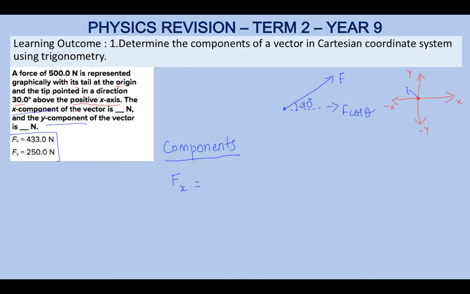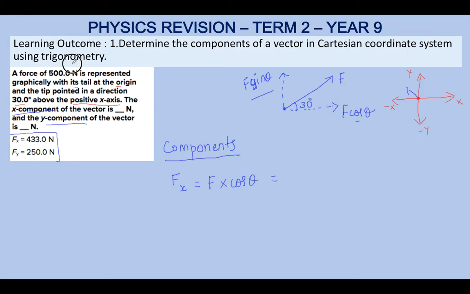So we have the angle here, 30 degrees. This is the adjacent side. So applying trigonometry, you will get F cos theta here, and the vertical, the y, you get F sine theta, right? So using this formula, Fx equals F times cos theta.